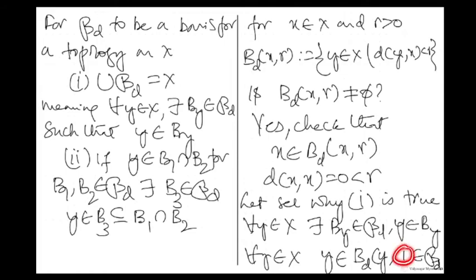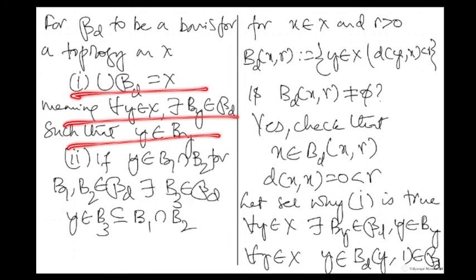So the safest bet is, if you want a point of X to be in some open ball, choose an open ball with that particular element as its center, because every open ball always contains its center. So y is an element of the open ball of any positive radius, in particular 1, centered at y. So that satisfies condition 1.